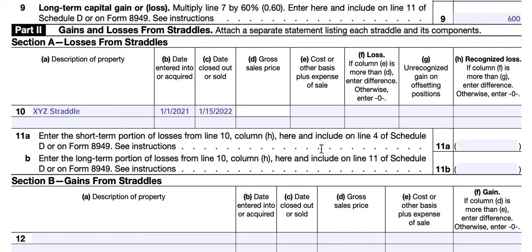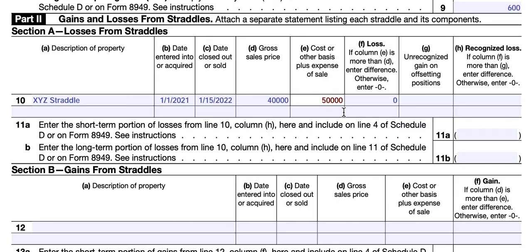We would enter the gross sales price, so let's call it $50,000. Our cost basis, let's just say that was $60,000. Sorry, let me make this a little bit more clear since we're reporting a loss in this one. We're going to report a $10,000 loss because our sales price of $50,000 is less than the adjusted basis.